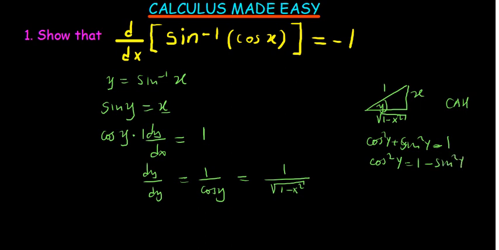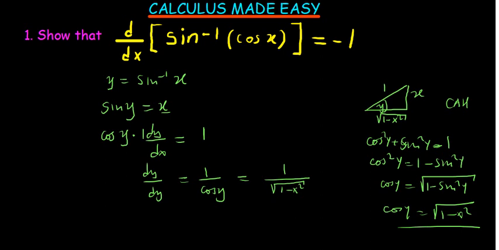So to remain with only cosine of y, we'll simply square root both sides. That will be the square root of 1 minus sine squared of y. But what is sine y? Sine y is x, but it is squared, so that will be cosine y being equal to the square root of 1 minus x squared. So that is going to be it. So this we need to know. That's the derivative of sine inverse.